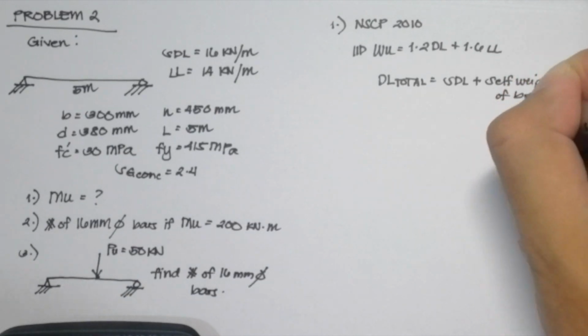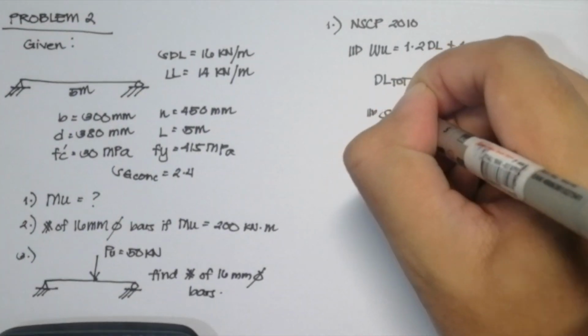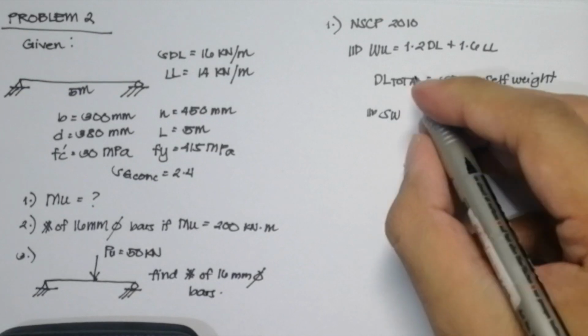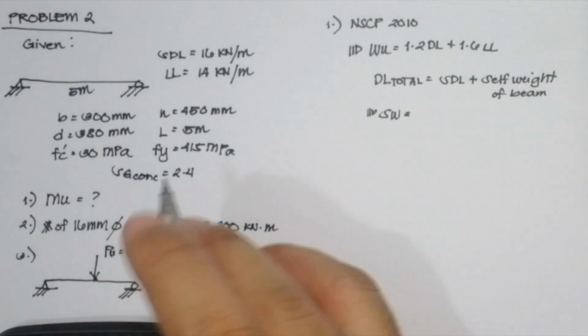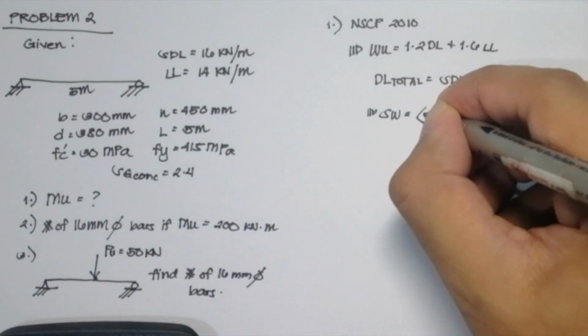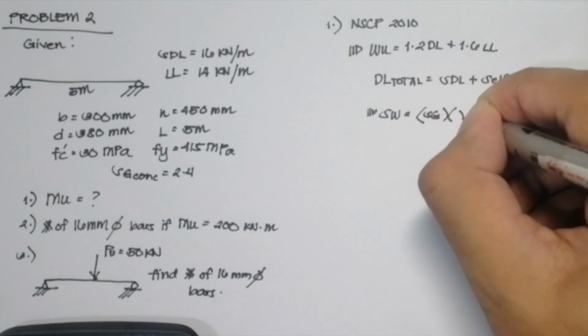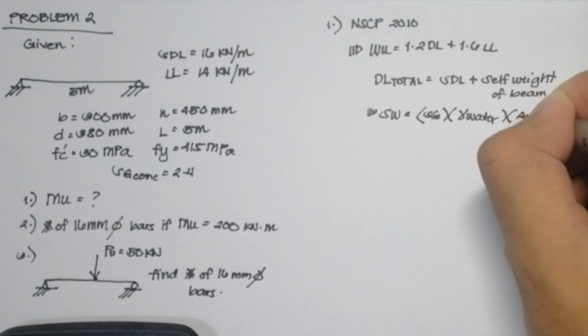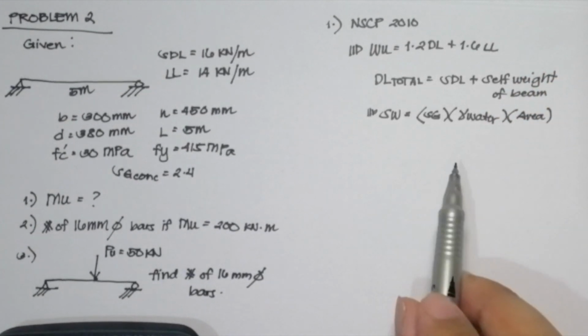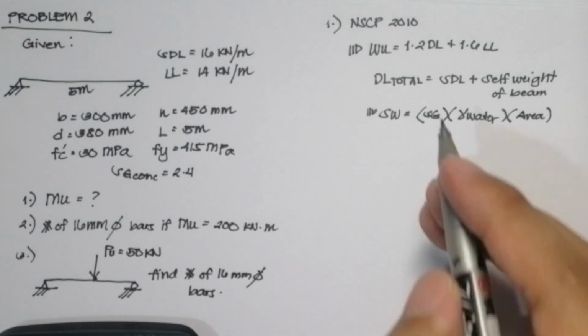the beam. So to solve for the self-weight of the beam, we have a given specific gravity of concrete equal to 2.4. So to solve for its weight per linear meter, the formula is specific gravity multiplied by unit weight of water multiplied by the area of the cross-section of the beam. And that will be our formula to solve for the self-weight of the beam.